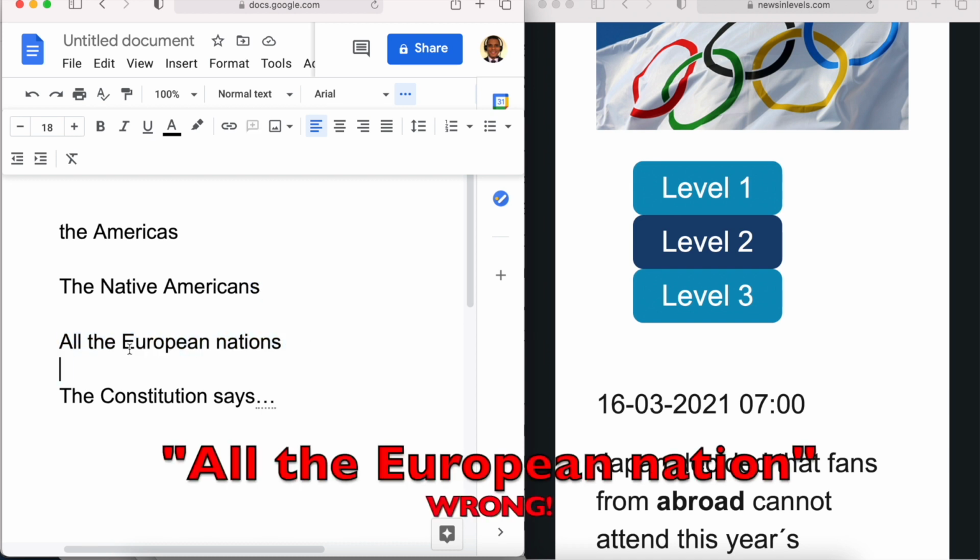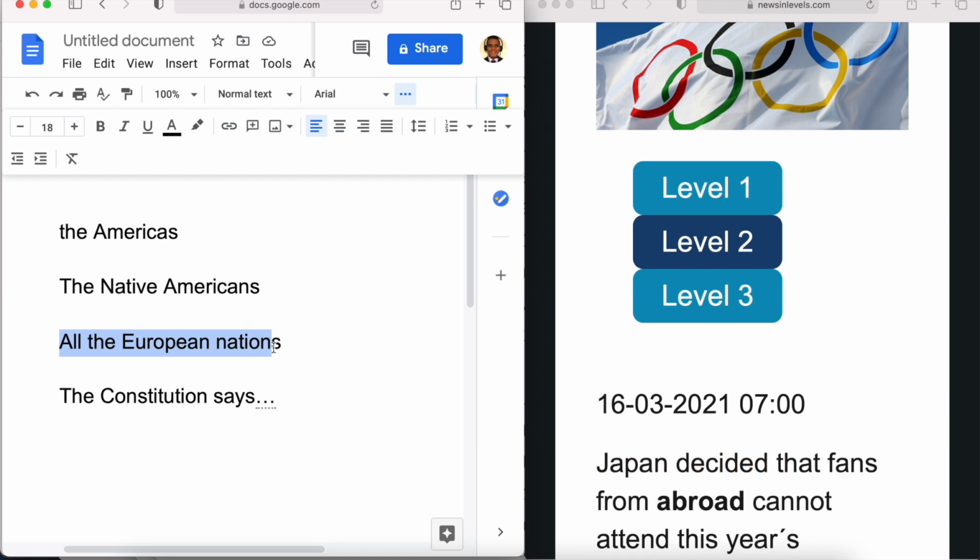All the European nations. Okay, they didn't say all the European nation. I know that's an issue that I have, but they said all the European nations. Then they say the Constitution says. It's not the Constitution say. They said says. Okay, the Constitution, that's right. It's a document. So it's almost like saying it says.